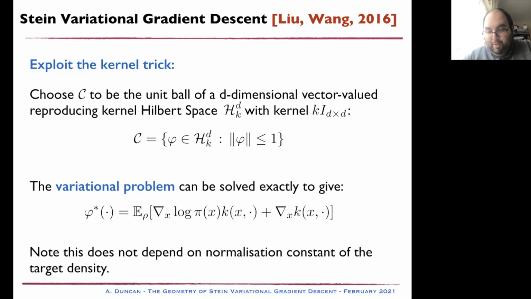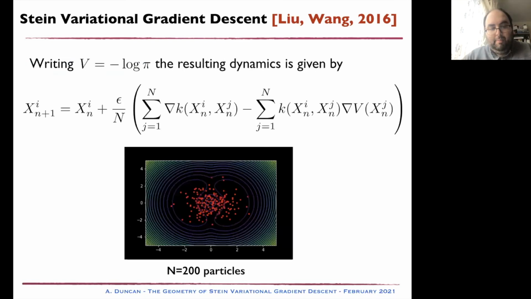If you then assume that rather than having access to an initial density Q, you have access to a set of points, this gives you an update rule to describe the evolution of these points.